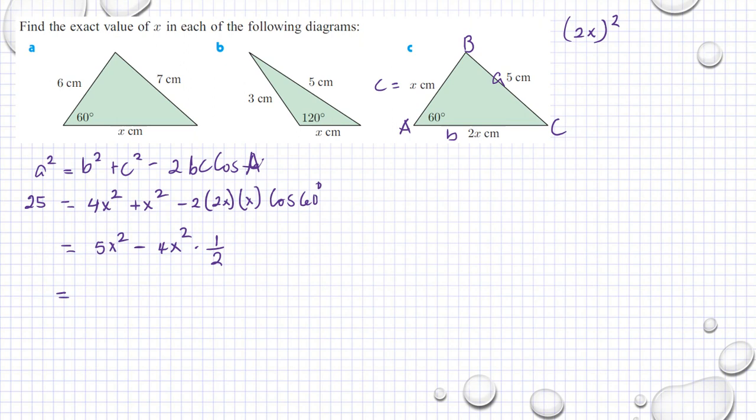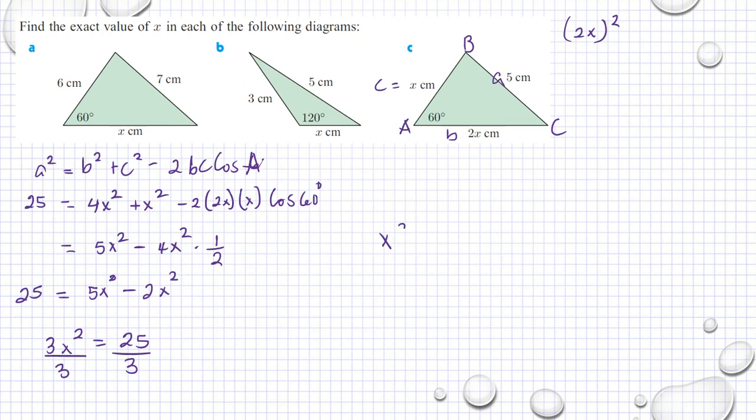And then we have 5x squared minus 2x squared is equal to 25. So we have 3x squared is equal to 25, divided by 3 on both sides.